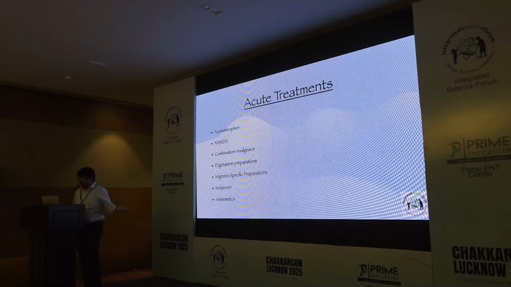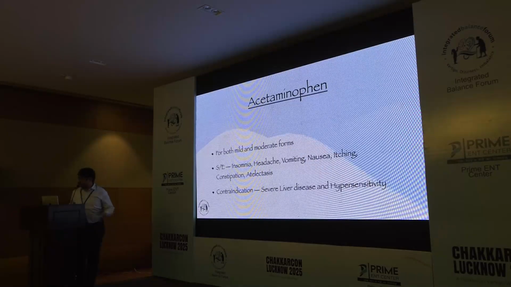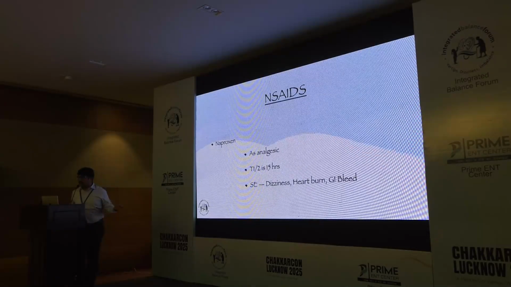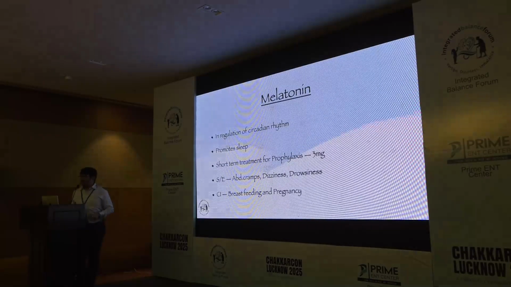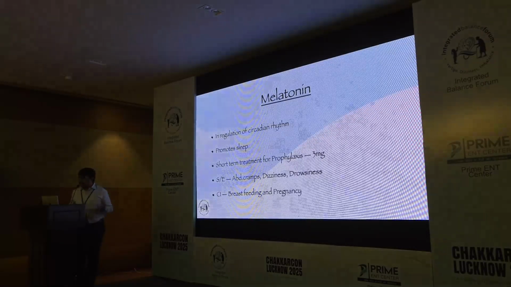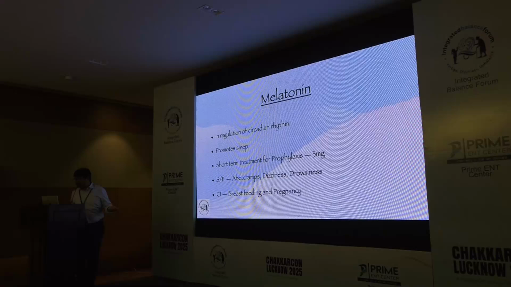These are the treatment options available for acute treatment: acetaminophen, NSAIDs, combination analgesics, ergotamines, migraine-specific preparations, melatonin, or antiemetics. We know about acetaminophen, so I am moving forward. NSAIDs also we know. We use naproxen, ibuprofen, aspirin, and you can even go with melatonin, which is important in regulation of the circadian rhythm.